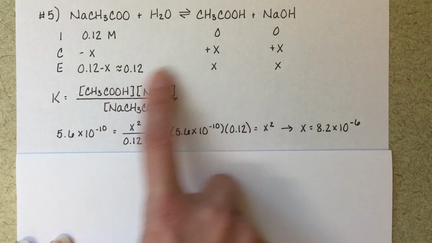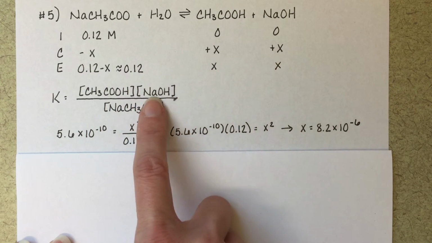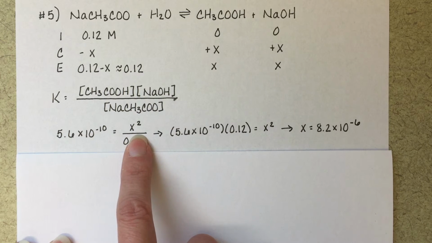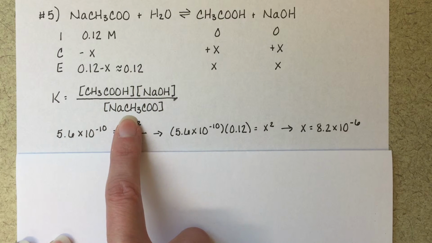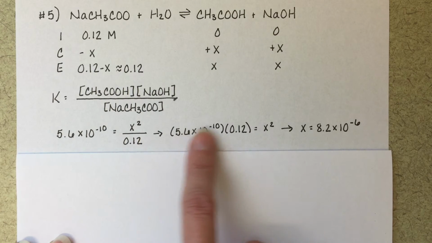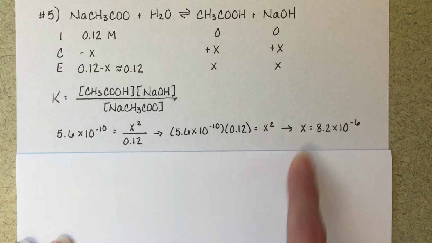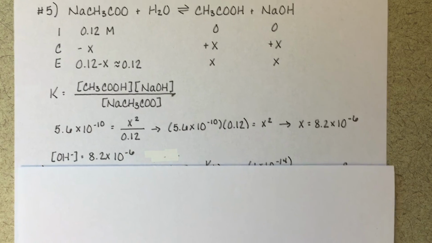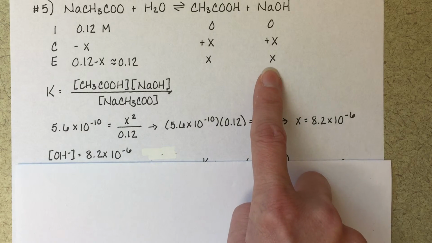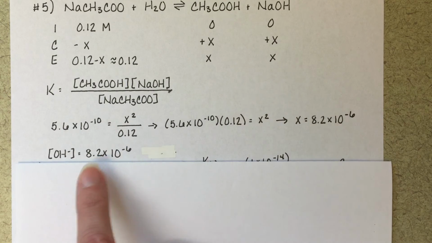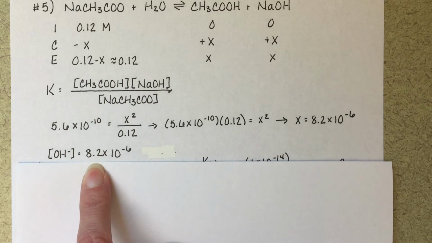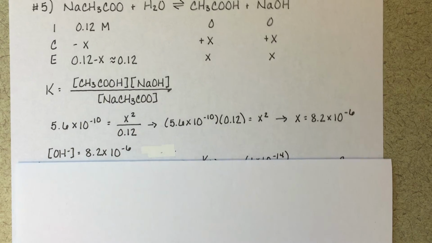And we're plugging in X for acetic acid and sodium hydroxide, and 0.12 for the concentration of sodium acetate. And then we're just doing the math to solve for X. X is the concentration of sodium hydroxide, which is the concentration of hydroxide, as we've discussed in class.